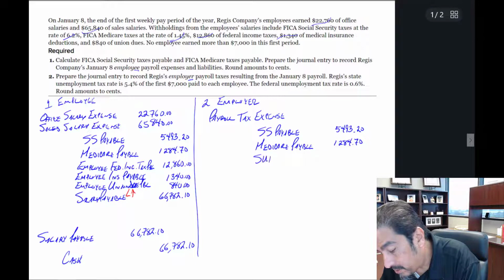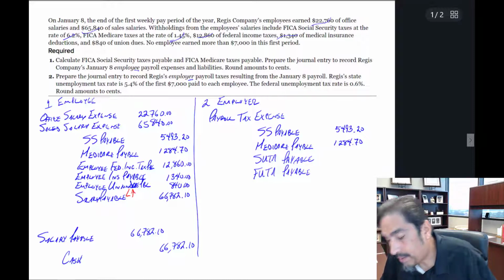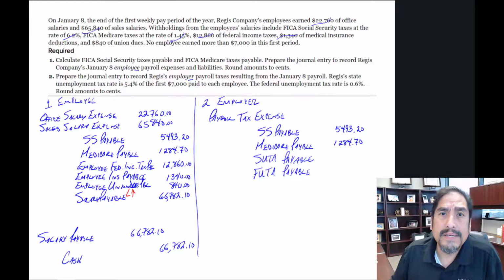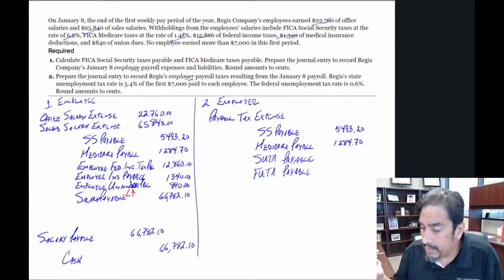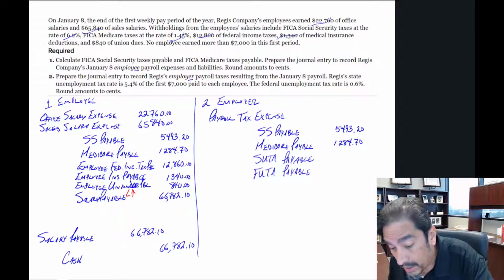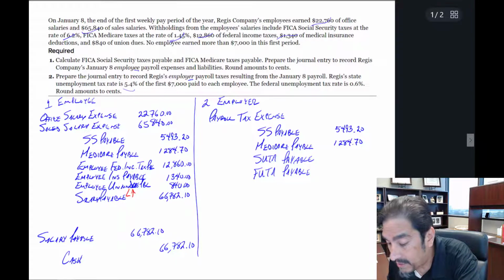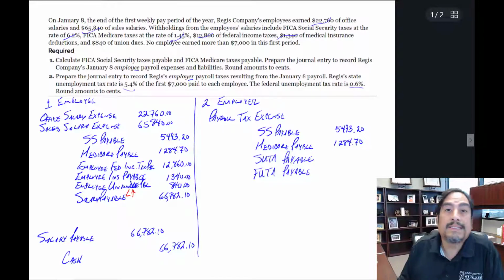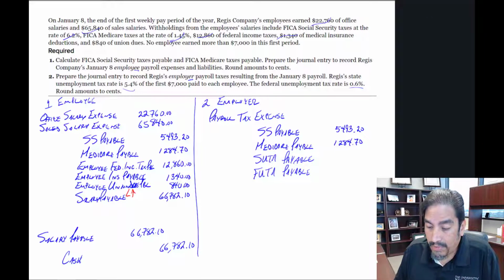So we'll go SUTA payable and FUTA payable. And these are the percents given in the problem. Typically, we're going to see the 5.4 for the state and the 0.6% for the federal.